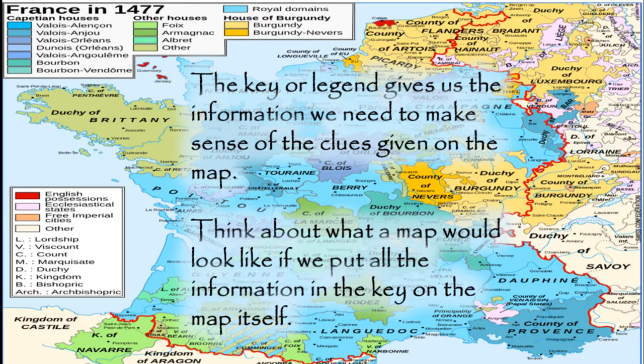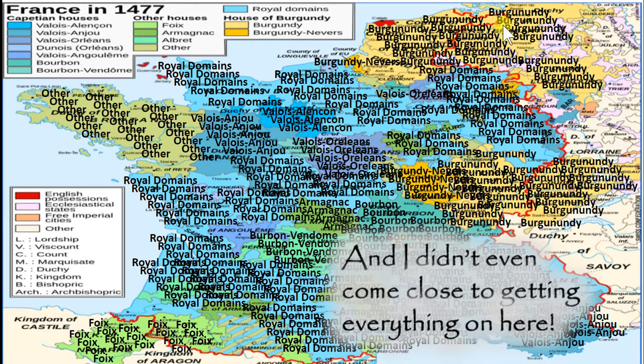But why don't we write all of this information that's in the legend on the map? Well, of course, it would be hard to read the map. So if we think of our papers as the map, if we gave all of the information from sources every time we used them, it would be hard to read the paper. So instead, we take shortcuts in the map and we give all of the information in the legend.